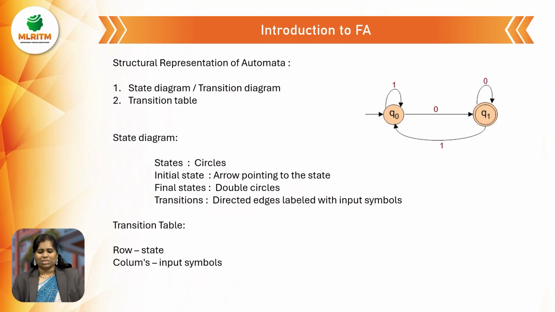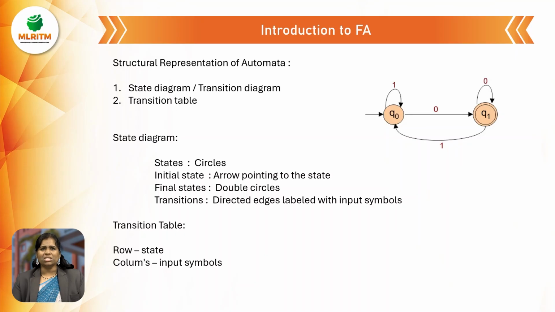Here is the structural representation of automata. We have 2 types of structural representation. The first one is the state diagram, or transition diagram. The second one is the transition table.